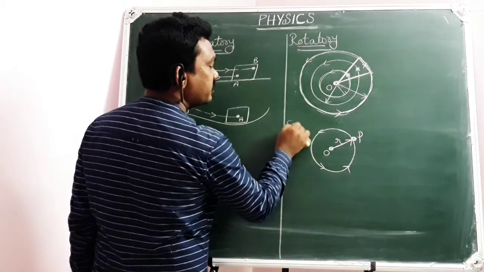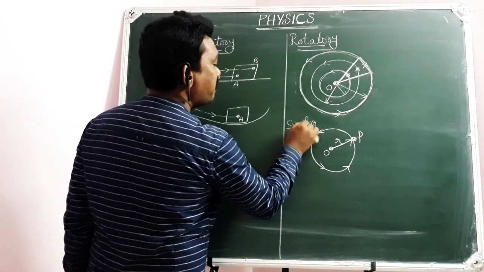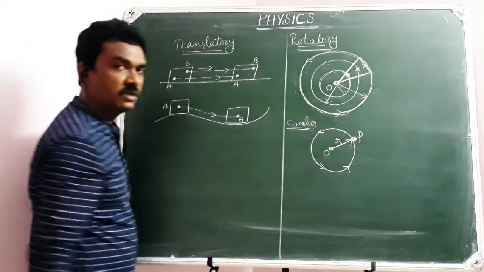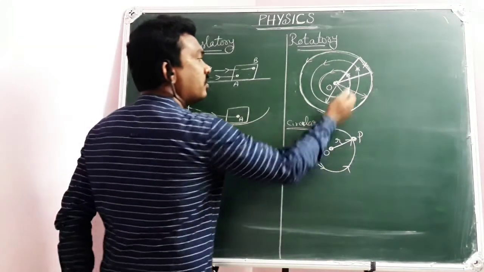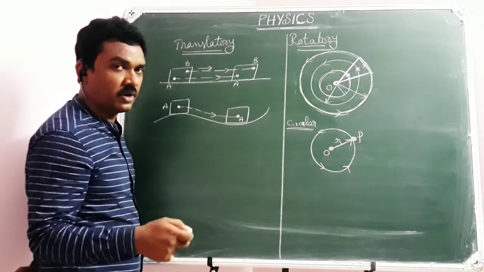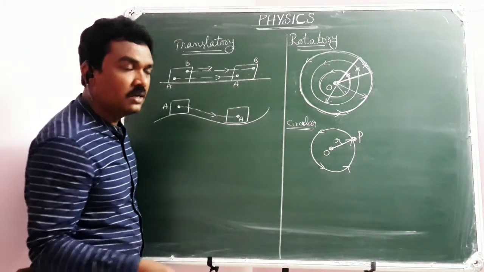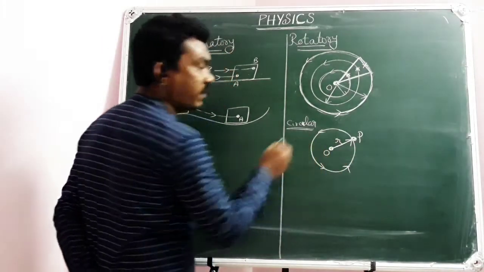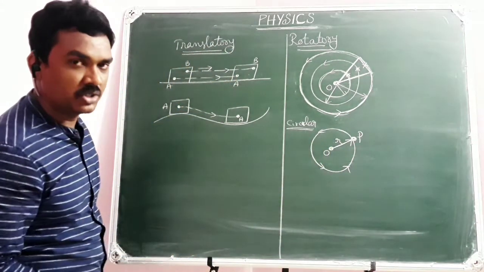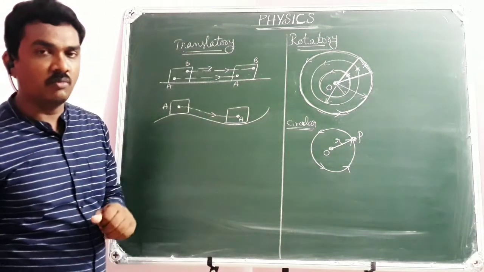Then it is circular motion. So circular motion is a part of rotatory motion. If you are talking about the motion of a body along a curved track around a fixed point, it is rotatory. If you are talking about the motion of a particle along a curved track around a fixed point, then it is circular motion. First of all, this is the basic thing about translatory motion and rotatory motion.